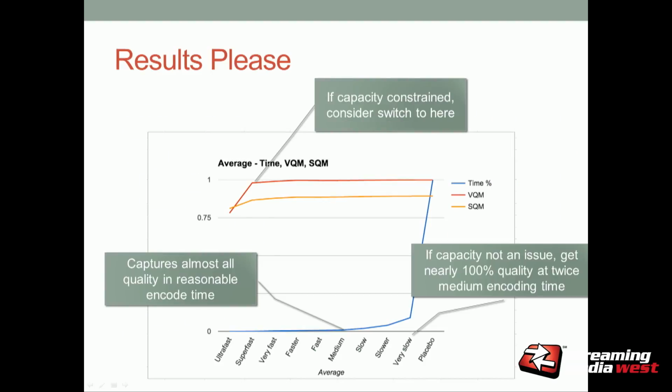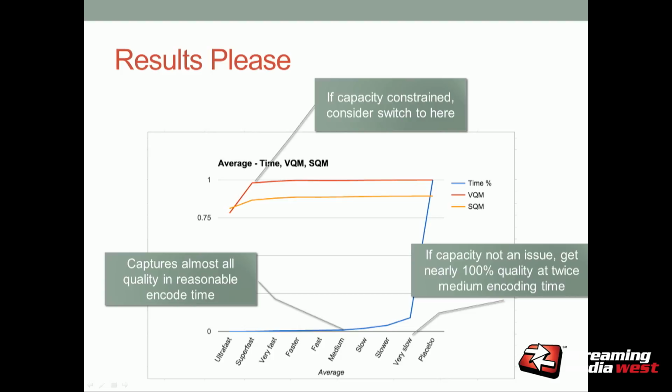And this is the kind of fun thing you do when you have too much time on your hands and data: you plot it and ask, how does time relate to quality? What you see is that at super fast, you get 98% of the quality in not much longer time than you would with ultra fast. So you'd never use ultra fast.